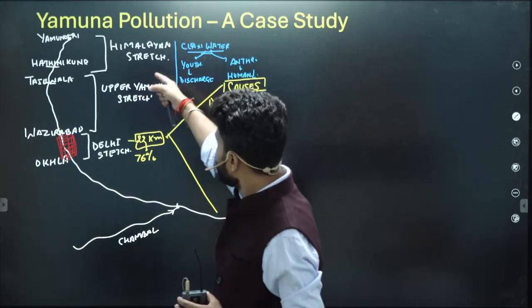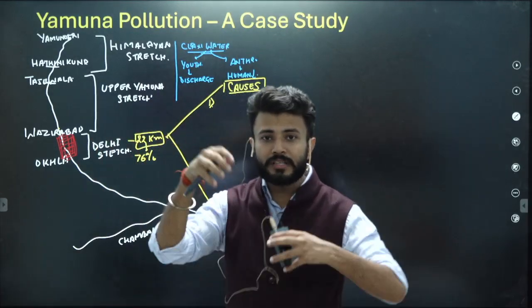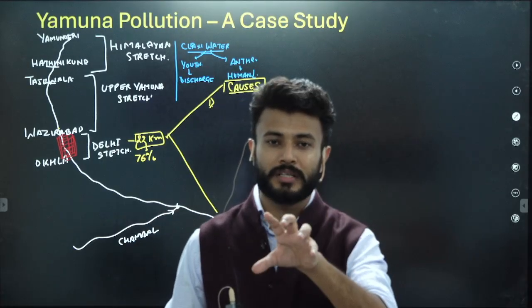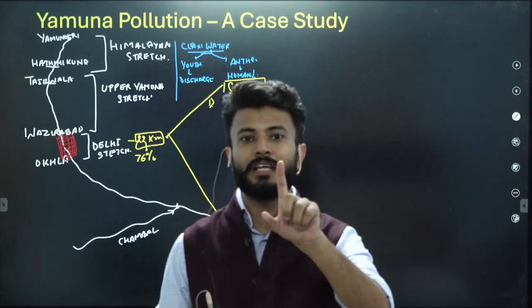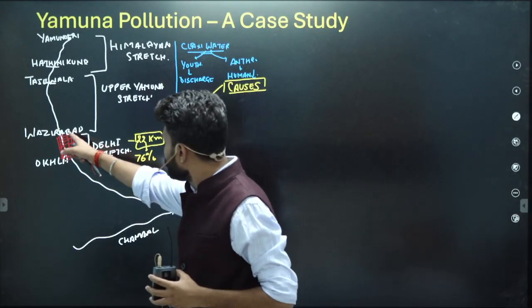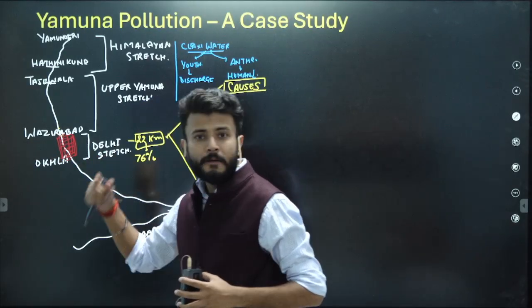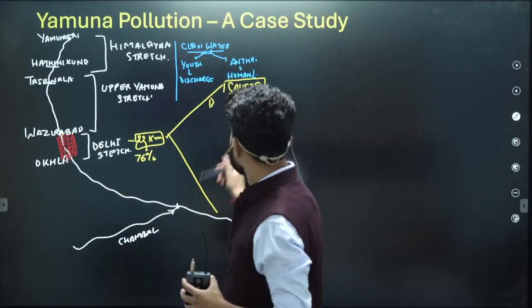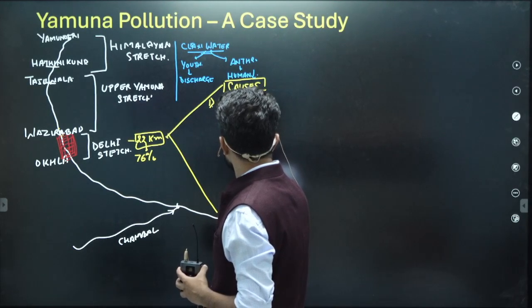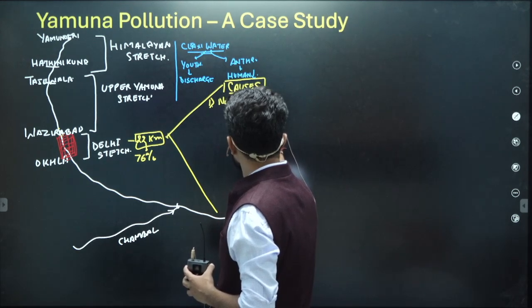In the upper areas, a lot of streams come into the river, so they increase the concentration of fresh water and hence reduce the contamination and pollutants. Are you getting it? But as soon as the river enters Wazirabad, no fresh water influx is there, and that is one of the important reasons.